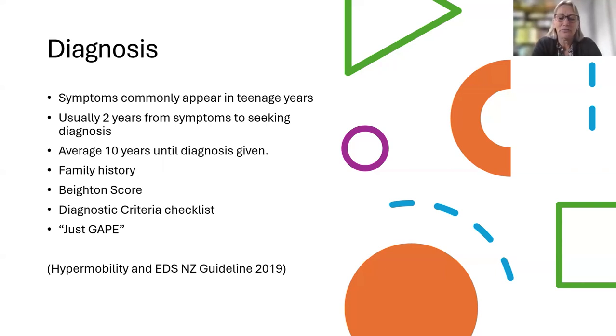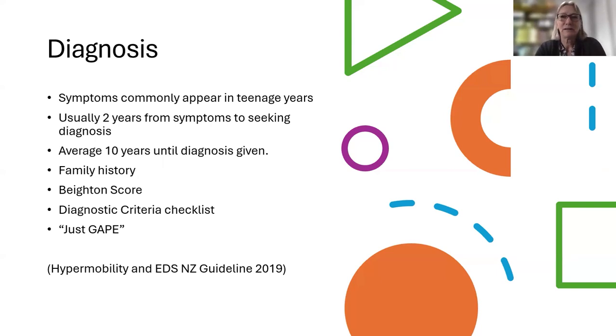A lot of that has got to do with healthcare practitioners just not recognising what's going on and not being able to, as we talked about before, join the dots. But when a diagnosis is made, the areas that people will look at include family history because, as we said, EDS is genetic. It's usually inherited.